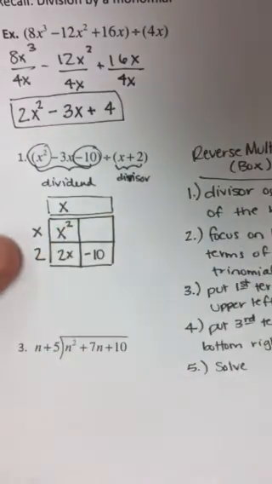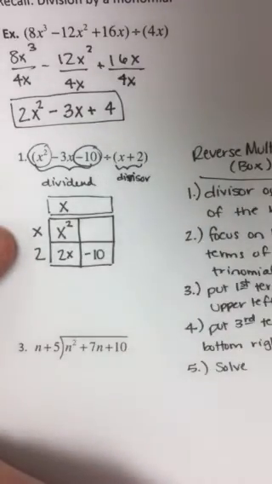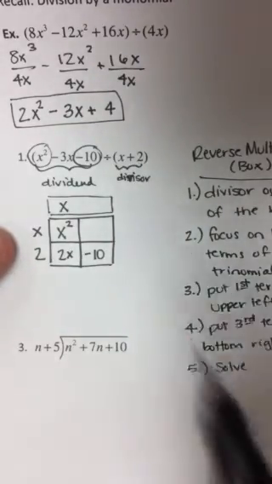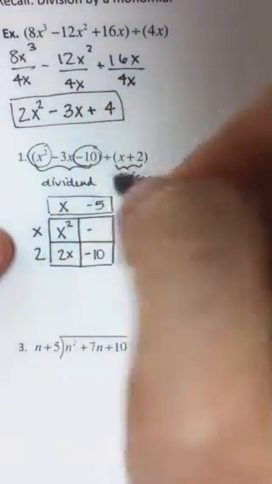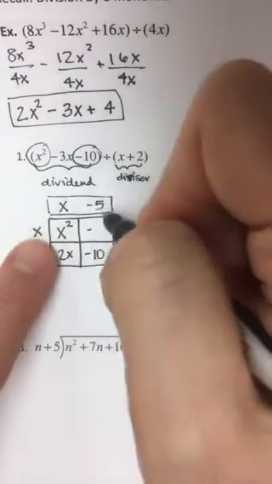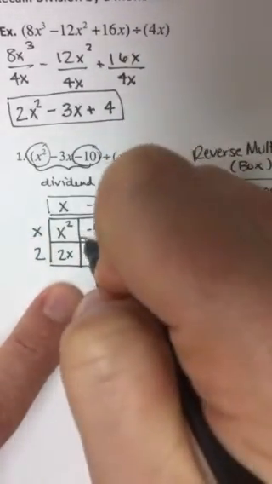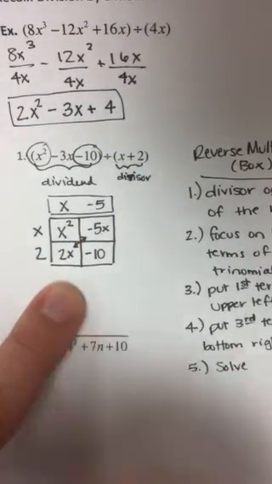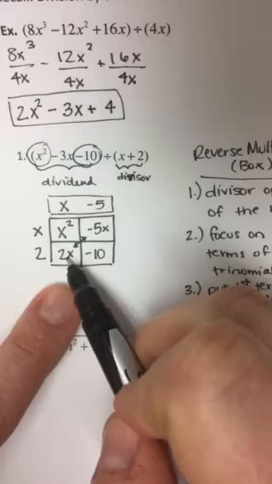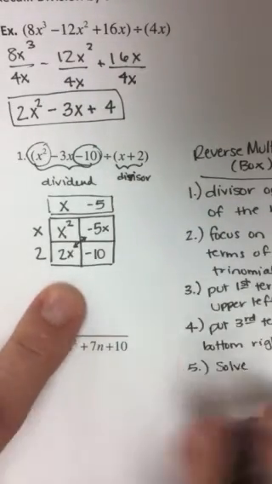That would fill in that box right there. Now what I've got to figure out is, 2 times what would give me negative 10? Well, 2 times negative 5 would be negative 10, all right? So that means that when I multiply this part out, I would have a negative 5x. And if I check my work, okay, with those being my like terms, I find that negative 5 and positive 2 make negative 3x, okay?